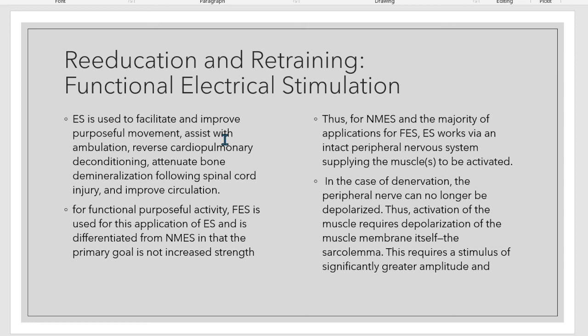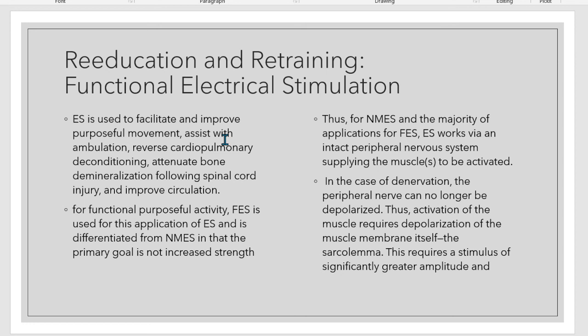So for functional purposeful activity, when ES is used for this application, it is differentiated from NMES in that the primary goal is not to increase strength. The goal here is not to increase strength but rather to perform the task.